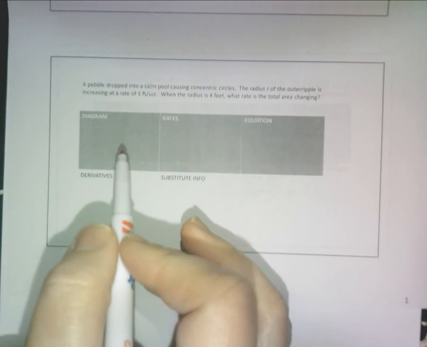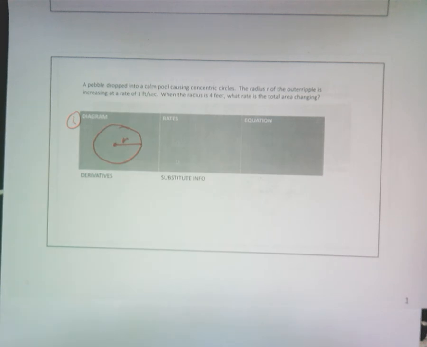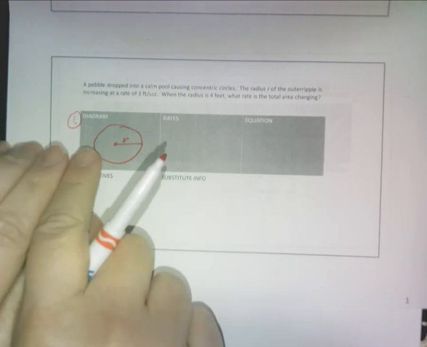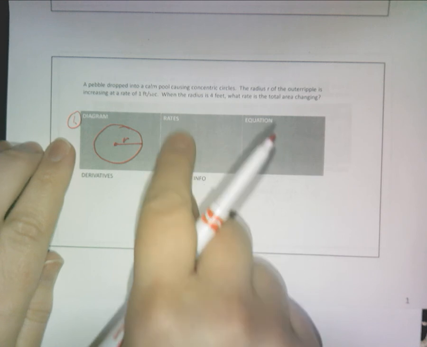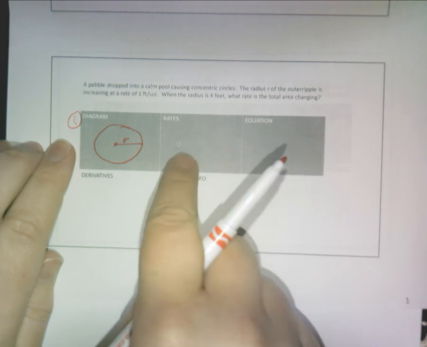Did you hear those words, rate, changing, coming in? First thing is you really should draw a diagram, because we are talking about a circle, and in circles, we only need to know the radius. You should remember that from back in the geometric days. Now, I would say skip the second one. I used to make the children do this, but they didn't understand it.